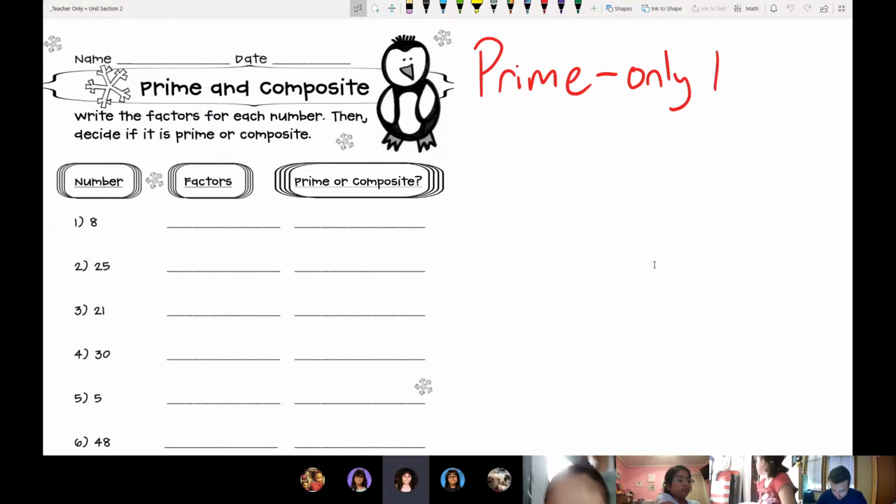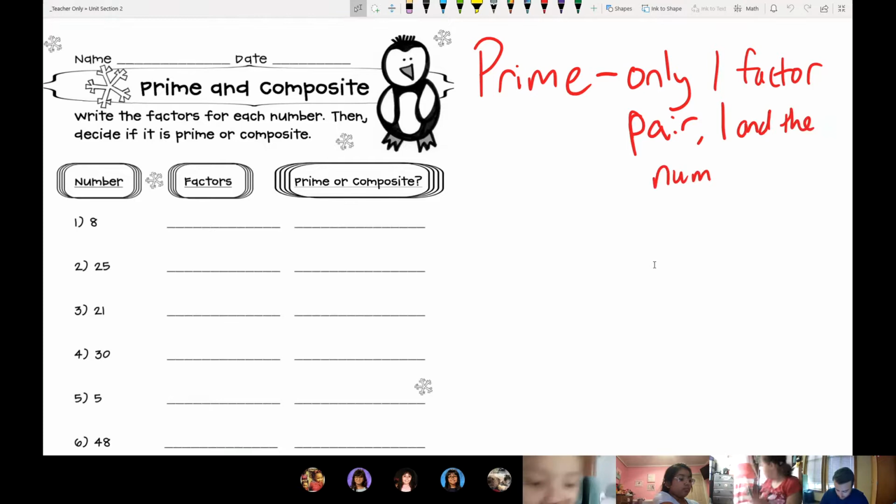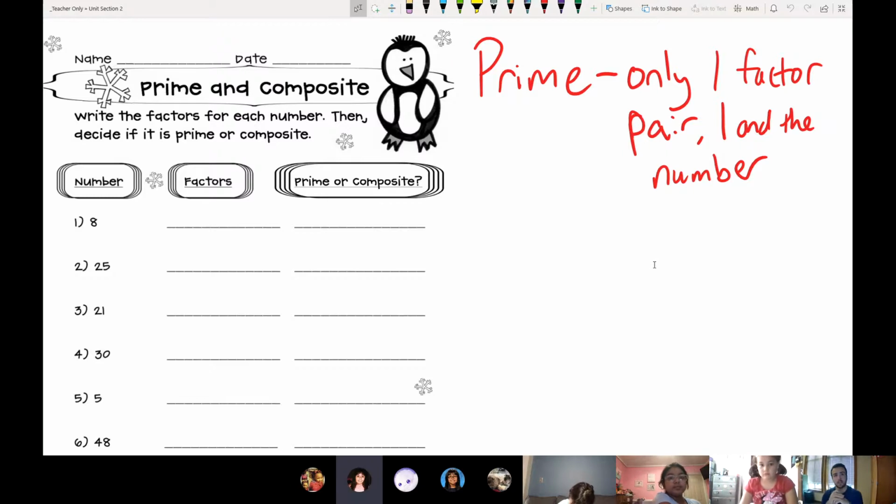Yeah, that's exactly right. Only one factor pair, and that is 1 and the number. So you can only make that area of the rectangle with side lengths of 1 and that number. You can only write a multiplication expression that has 1 times the number in order to get that answer.